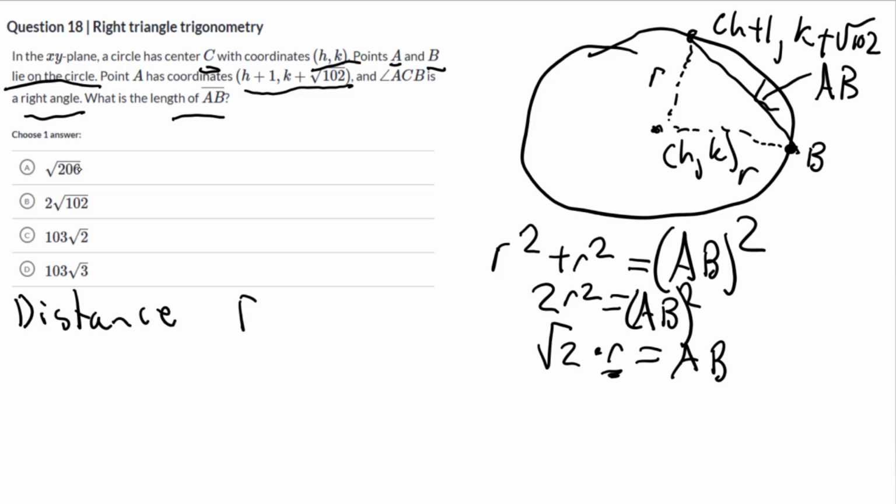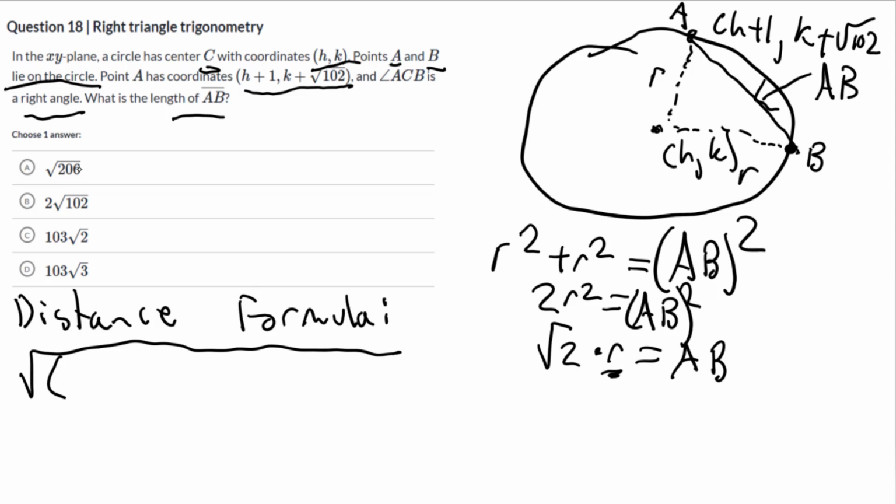Basically for this, we are going to find the distance from point A, which is right here, to point C. So we can use this formula. The formula says the square root of x1 minus x2 squared plus y1 minus y2 squared is equal to the distance. So we can plug these values in. Our h plus 1 is one value, and then we'll subtract the h from the center.